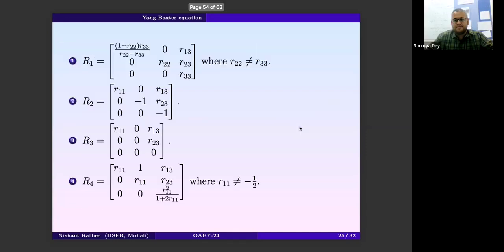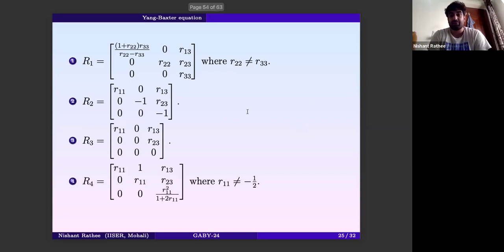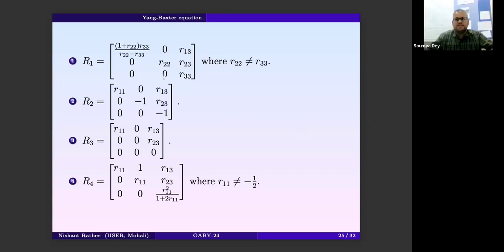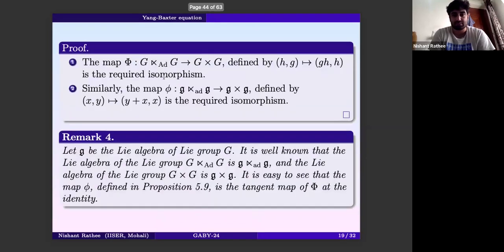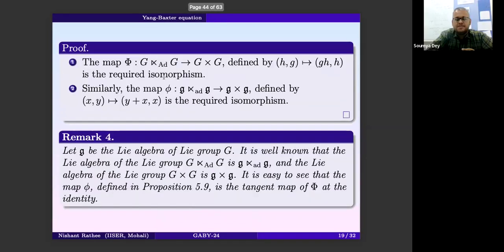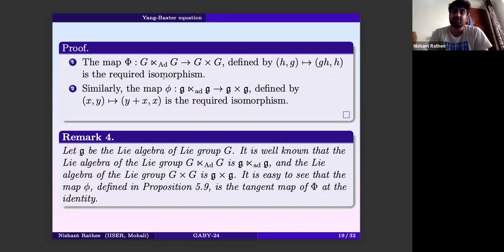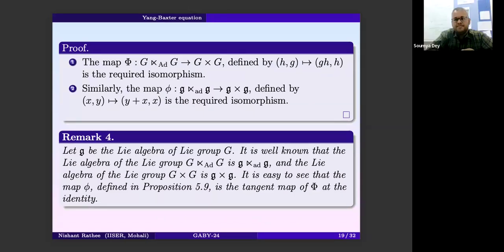Also, when you see the one-to-one correspondence that you have given between the subgroups, from there, can you say something?